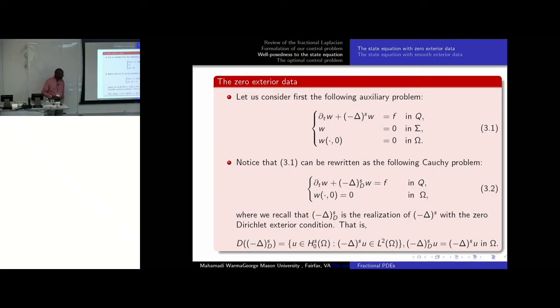Because remember, you have to be careful here, because in the abstract Cauchy problem, I have an operator A with domain in L2, then the condition is only in L2. And you have to be careful how the operator is defined.